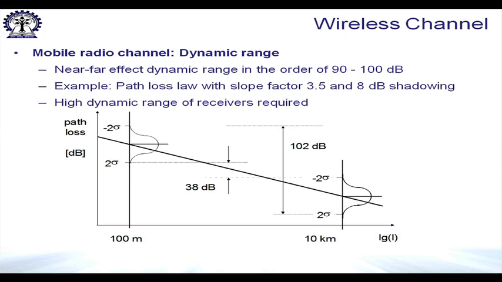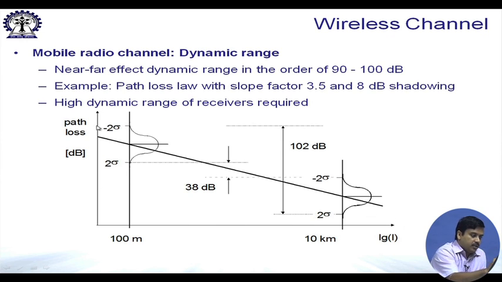If we look at typical propagation models, what we would find is that if there is path loss on the y axis and separation distance between the transmitter and receiver on the x axis, there would be a certain slope which is found by the n_p or the area mean of received signal strength, and this follows the power law with a factor of, let us say, 3.5 in this particular example.